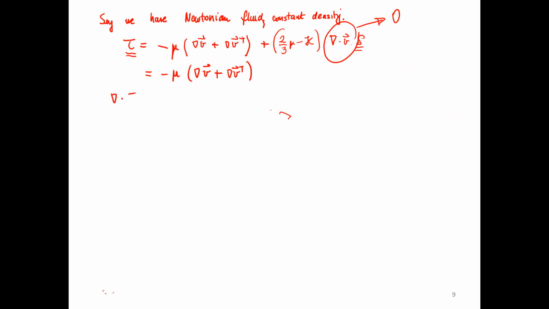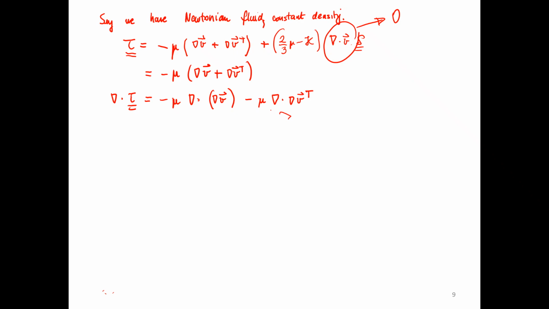Derive for me for next time: this is the divergence of this tensor minus mu divergence of the tensor.